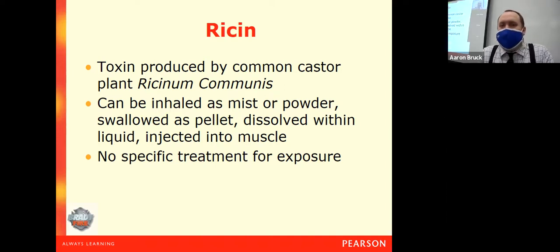So what they do is they can actually extract the toxin from the castor plant, and then where it becomes particularly dangerous is that it can then be converted into a mist or a powder or a pellet. It dissolves in liquid. It can be injected into muscle. And as a toxin, there isn't a specific antidote for it.